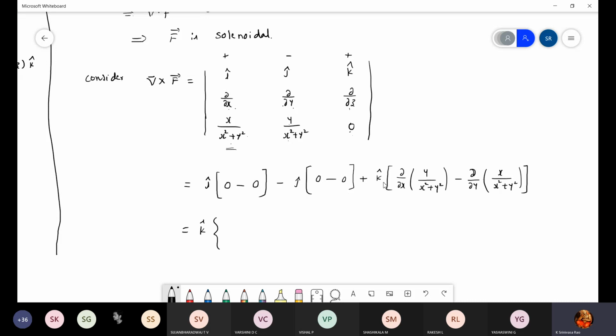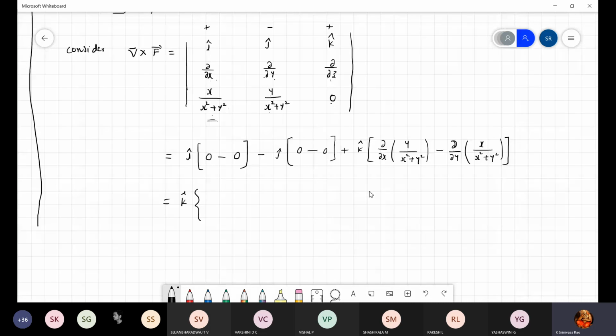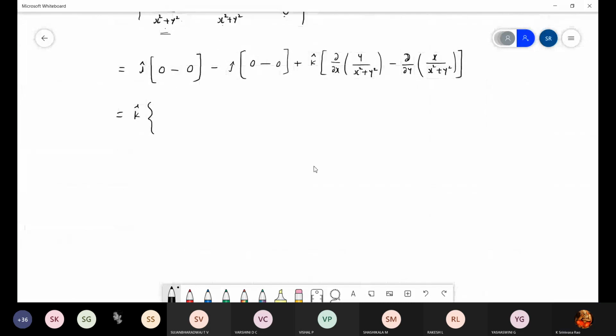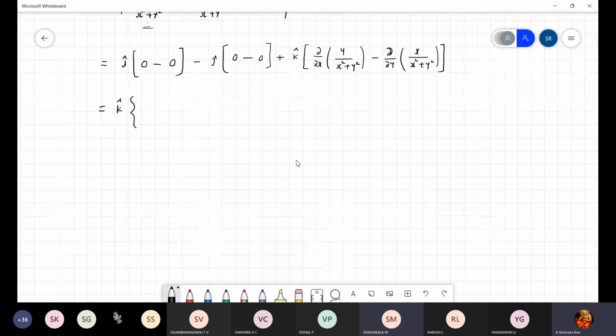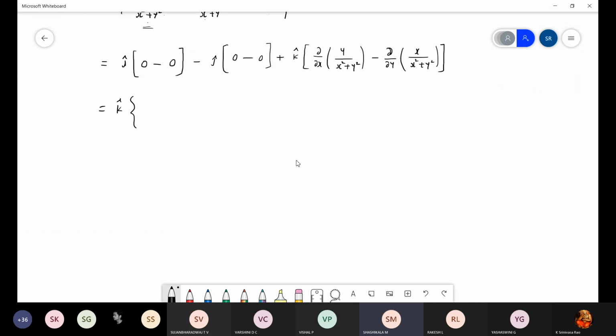What is the differentiation? How to differentiate? Minus y by x square plus y square the whole square into 2x. Very good. This is the concept of d by dx of 1 by u.